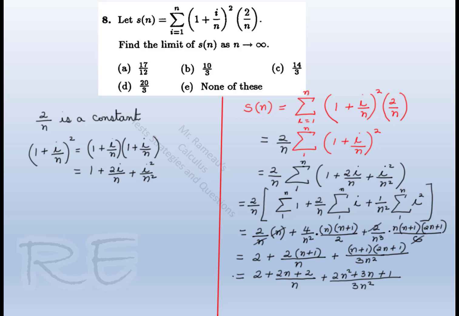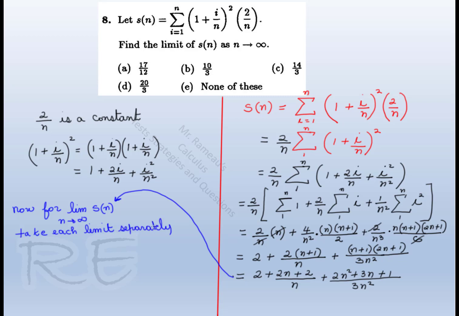Now, we're going to do something kind of clever. We're going to take each limit separately to find the limit of S of n as n approaches infinity, using the properties of the limit.